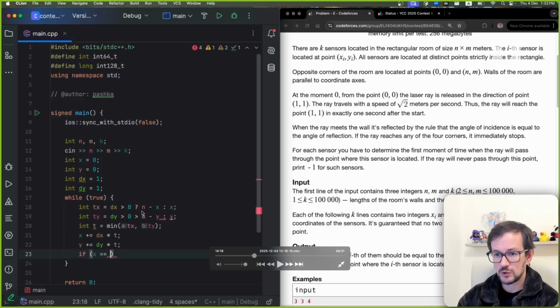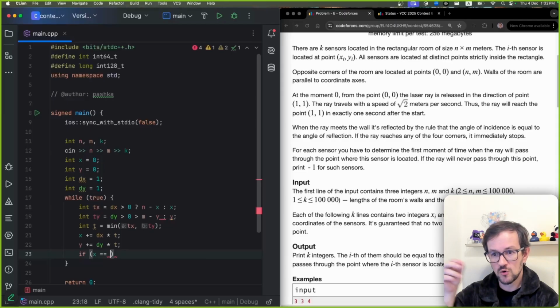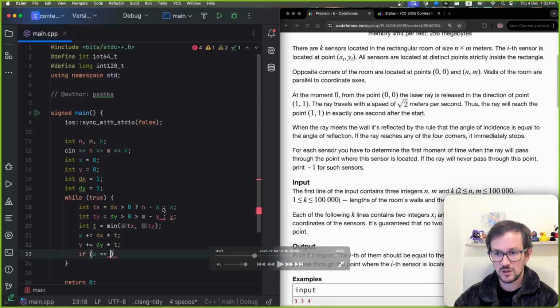Okay, here it should be a question mark. What am I doing here? So you start at point x, y and move in direction dx, dy. Here I want to make one step from here to here. So I see how much time I move until I reach the border. I do it like this.